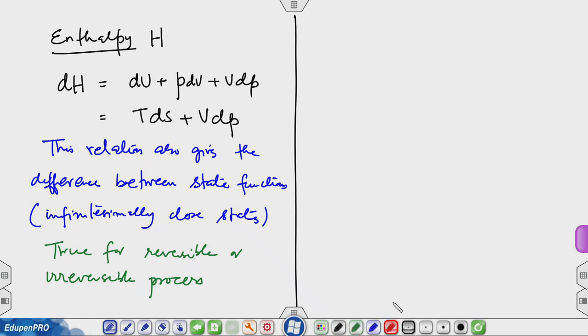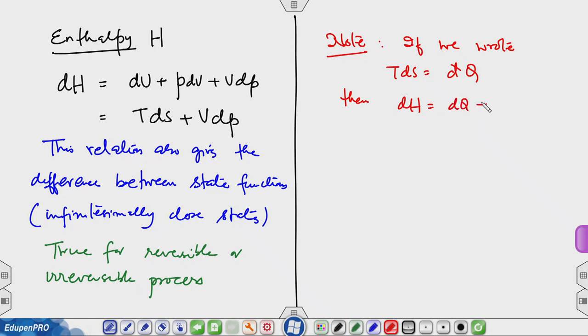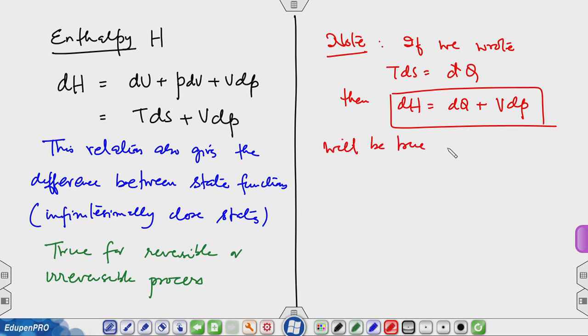So, just a note, if we wrote TdS equals dq, then dH equals dq plus VdP will be true only for reversible process.